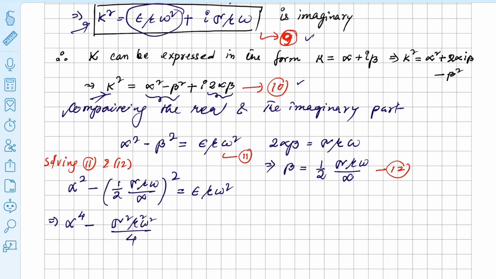So hope you have understood this. On the right hand side, we're going to get again alpha square epsilon mu omega square, and this is nothing but, you can see clearly, in the form of a quadratic equation. Let me show you how.